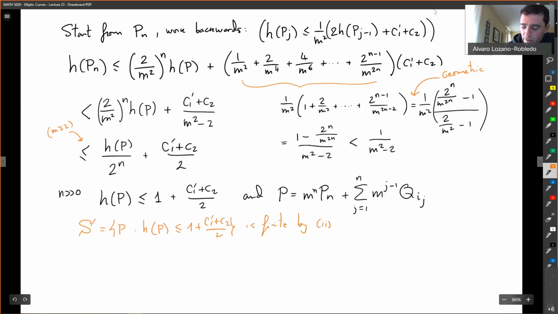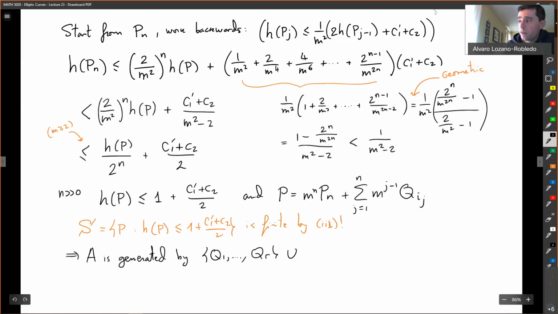by 3, and therefore A is generated by the points Q1 through QR union those Qs that are of height less or equal to 1 plus C1 prime plus C2 over 2.